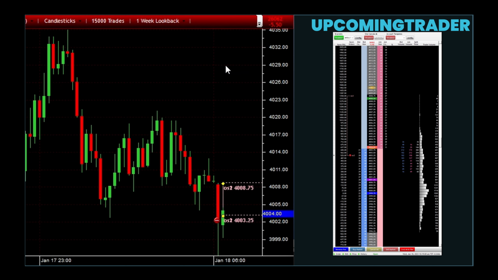When you see volume clustering near these levels, it is essential to watch for a breakout or breakdown, as this could indicate that the accumulated positions are ready to drive the next big move. Understanding volume clustering in this way provides insight into market psychology and helps traders anticipate significant price changes.